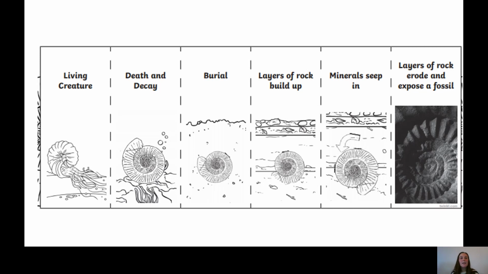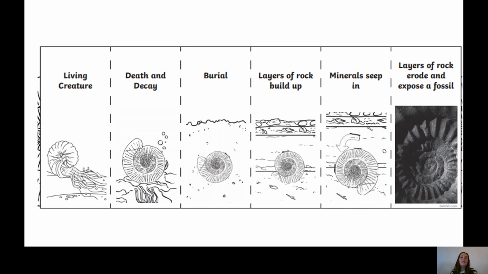Just to recap from last week, we have a living creature that then dies, and as we discussed, the soft parts of the living creature's body will start to decay, just leaving the harder parts. This then gets buried, and then over time, layers of rock build up.